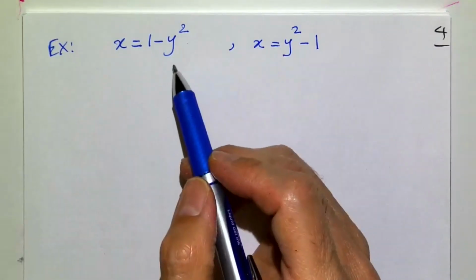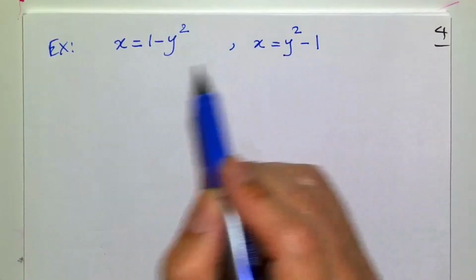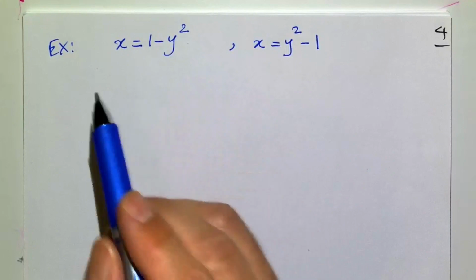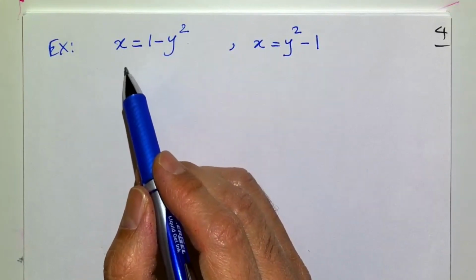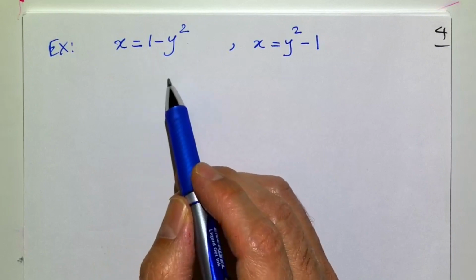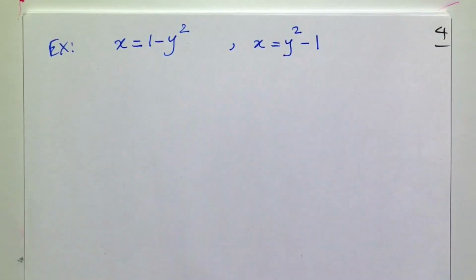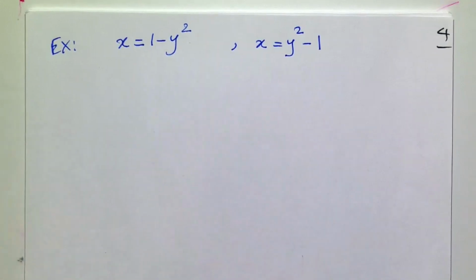We can always switch. We can solve these equations for y, and then we will have y functions in terms of x, and then we can integrate along the x-axis. But before that, let's sketch both of these curves.